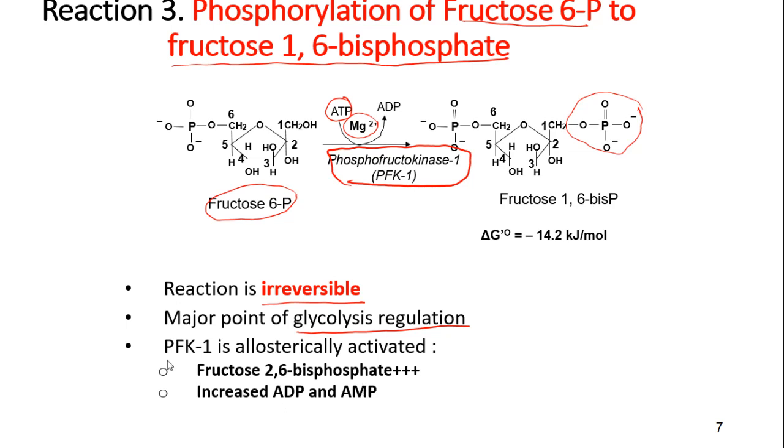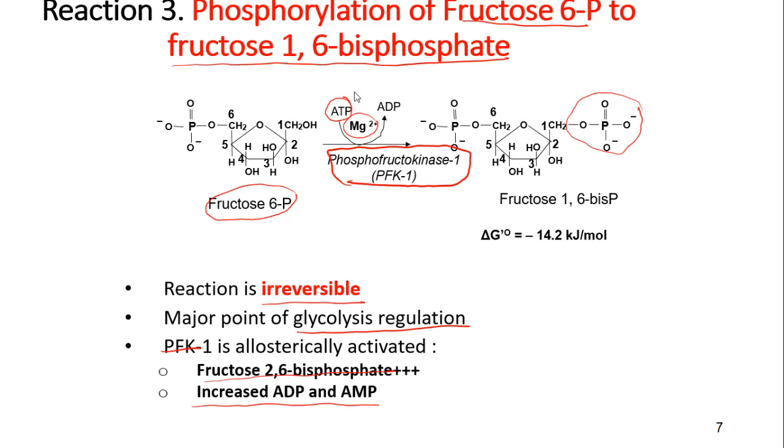So this enzyme is activated by that one and also by that one. Okay, I need to emphasize much on this.